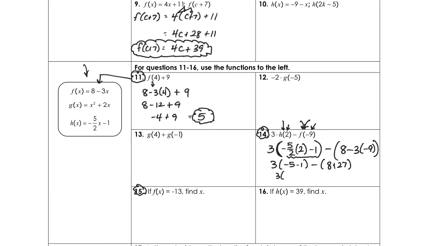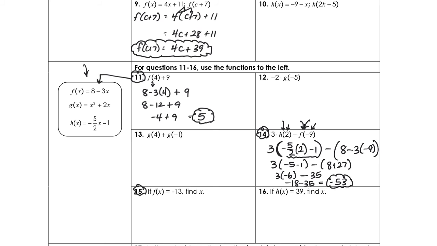So this becomes 3 times negative 6, minus, now 8 plus 27 is 35, so minus 35. And last but not least, 3 times negative 6 is negative 18, and negative 18 minus 35 equals negative 53. So the answer to 14 is negative 53.